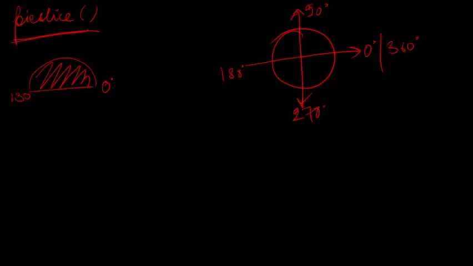So what are the parameters that pie slice takes? It takes the center, that is the x and y coordinate. It will take the starting angle and the end angle, and it will take the radius. Suppose radius, let's say 50.